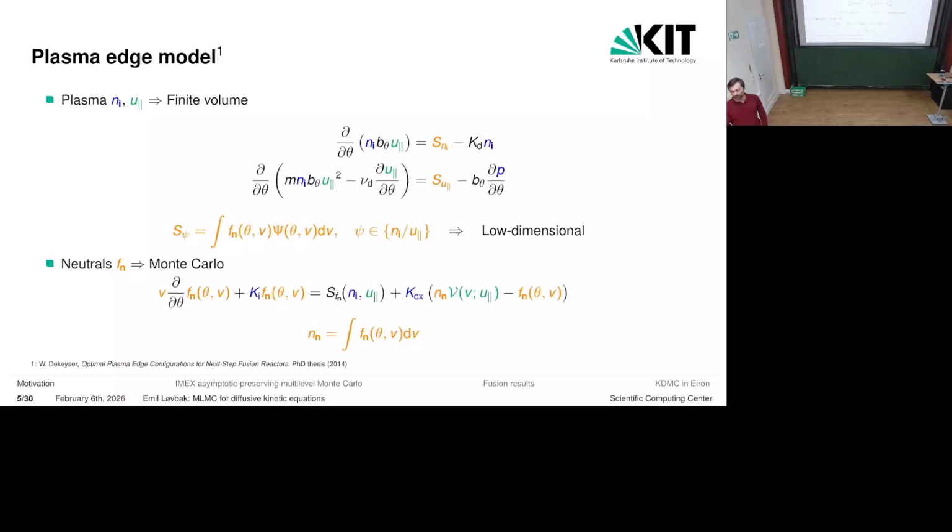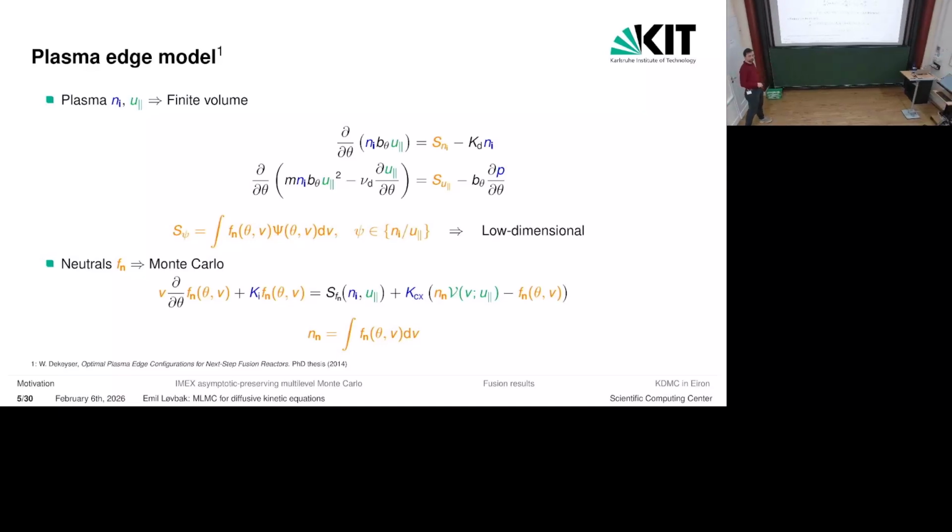So we model them with a kinetic equation, and we've seen a couple of examples of different kinetic models throughout the week. Ours looks something like this. We have Fn being the density of our kinetic or neutral particles in a phase space, theta being our spatial variable, which comes from the fact that typically you think in polar coordinates in these applications, and v being the velocity.